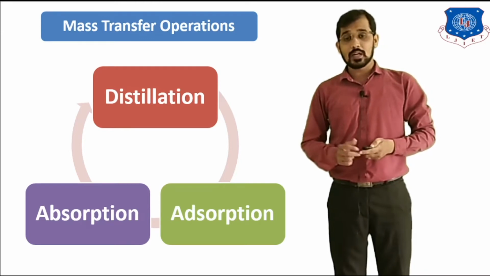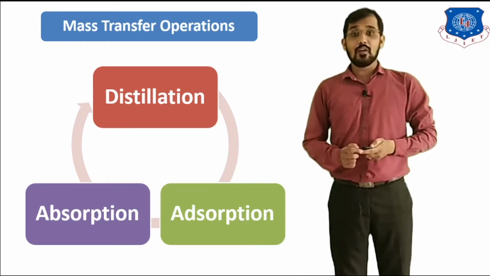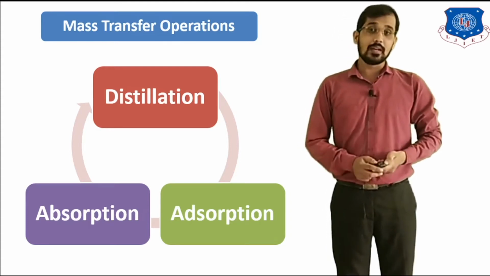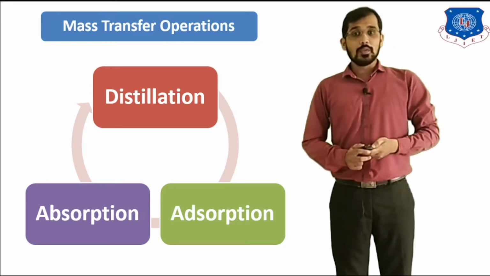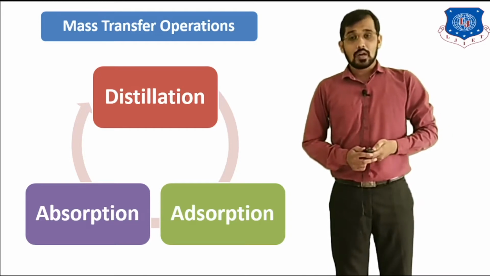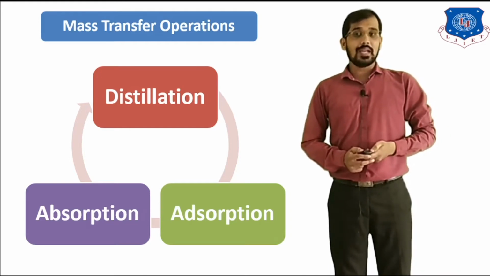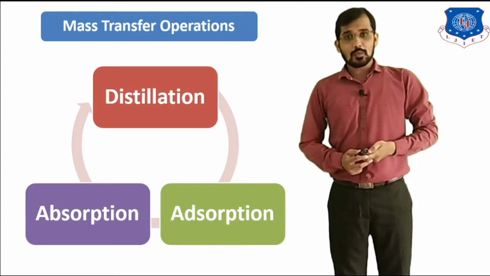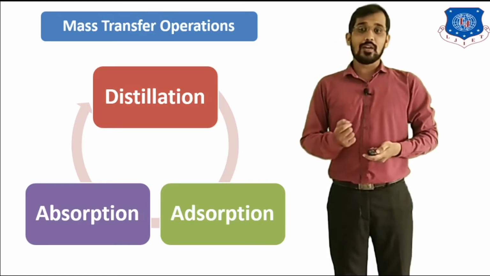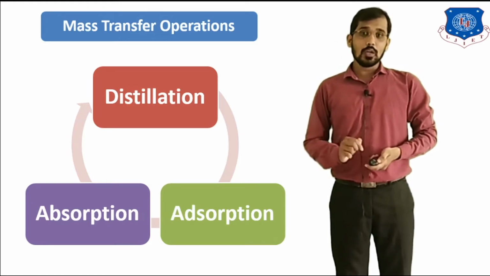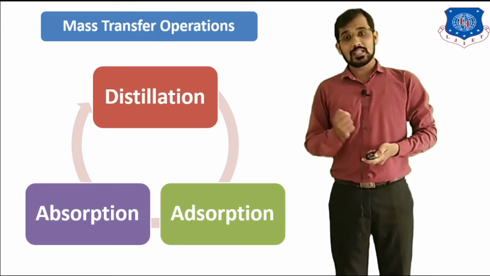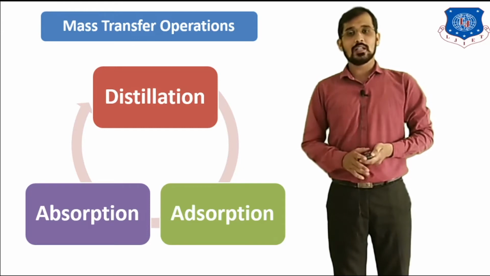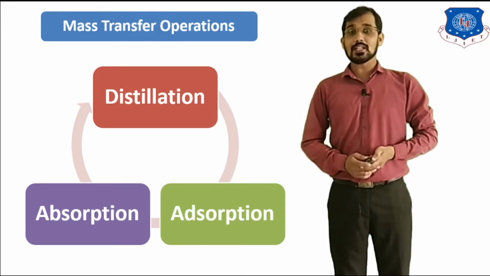Relative volatility is represented by alpha AB, meaning the relative volatility of component A with respect to B. It is given by the ratio of mole fractions: alpha AB equals (YA divided by XA) divided by (YB divided by XB), meaning the mole fraction of component A in the gaseous phase to the mole fraction of component A in the liquid phase, to the mole fraction of component B in the gaseous phase to the mole fraction of component B in the liquid phase. This ratio is the relative volatility of component A with respect to B.